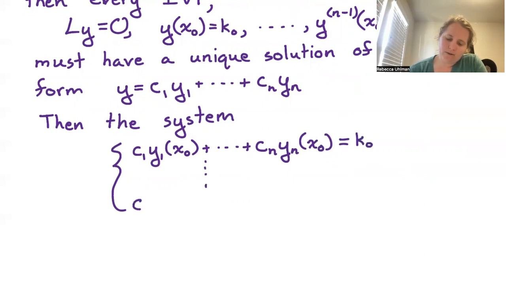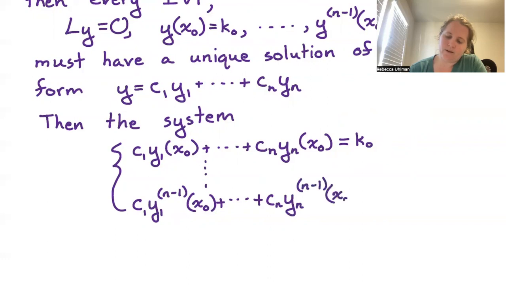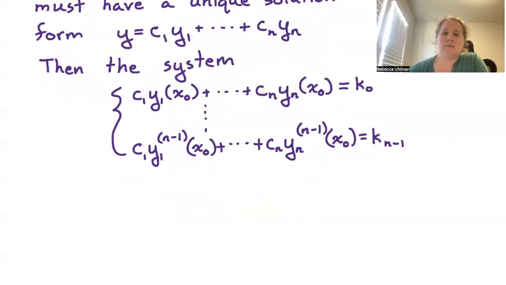All the way through c1 times the n minus first derivative of y1 evaluated at x naught plus all the way through cn times the n minus first derivative of yn evaluated at x naught equals k sub n minus 1. This system has a unique solution.